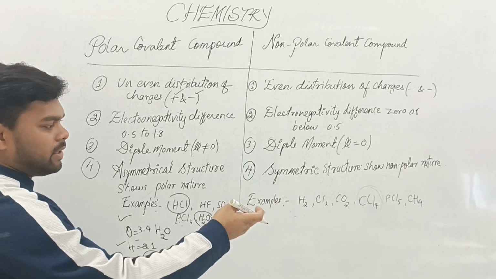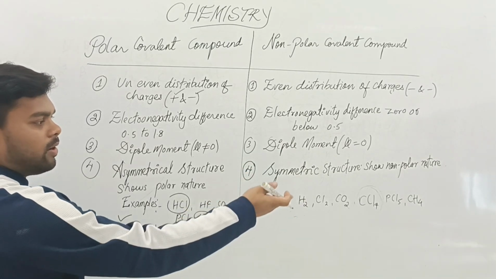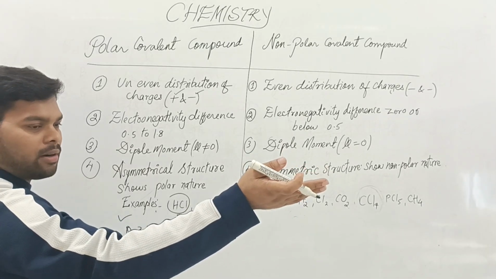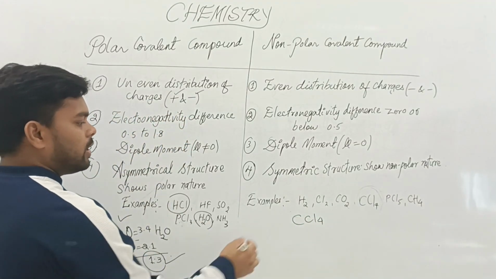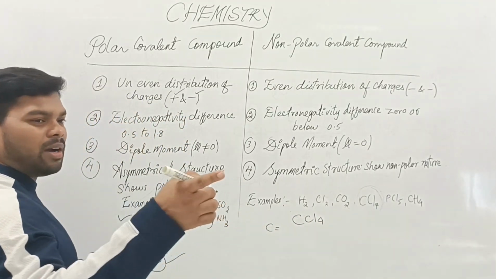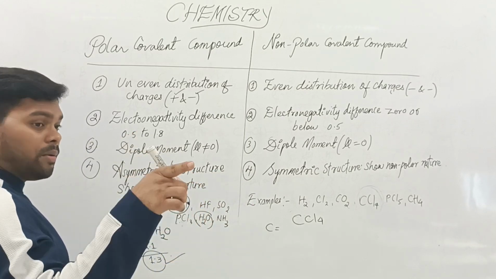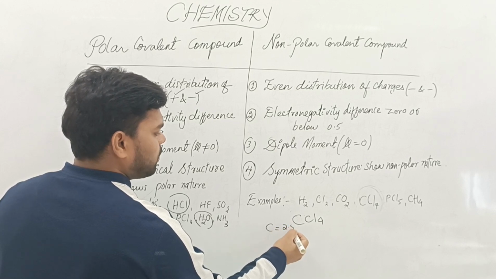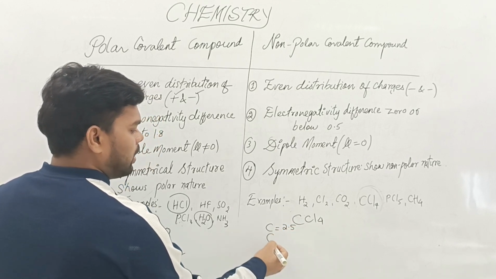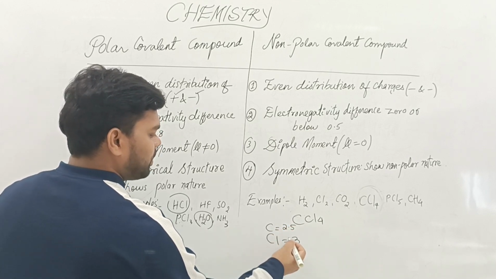Did you find carbon dioxide or CCl4? CCl4, carbon tetrachloride. First, you find the carbon electronegativity value from the data booklet. If you look at the data booklet, it's around 2.5 for carbon and chlorine is around 3.